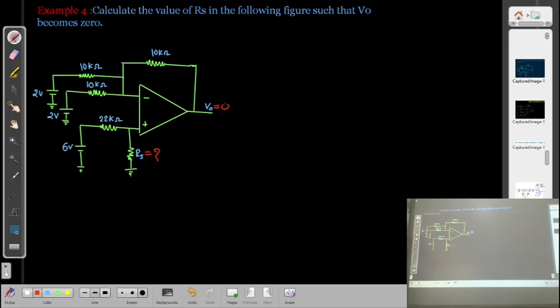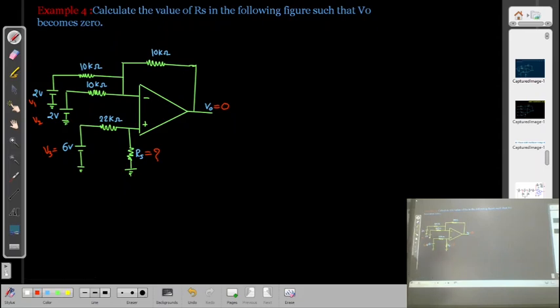So it is a kind of a summing amplifier, and it is also a difference amplifier. So first of all, and here you can see the three different sources are given. We have V1 is equal to 2 volt, V2 is equal to 2 volt, and V3 is equal to 6 volt.